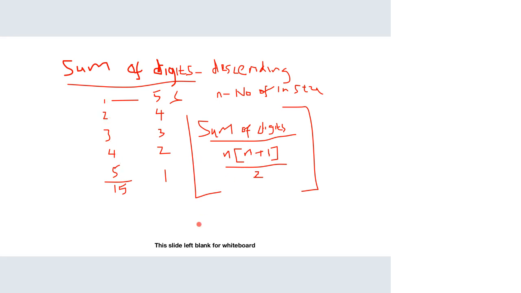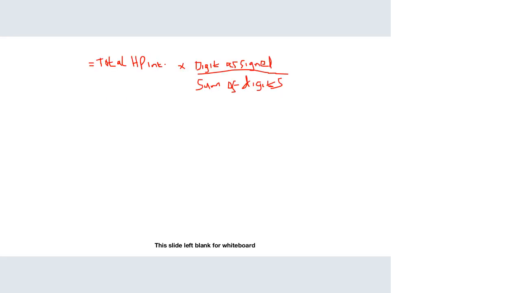So you can use the second formula, n into n plus 1 divided by 2, if you have longer periods of time, to get the sum of the digits. So I think that is clear. Maybe we can look at an illustration.